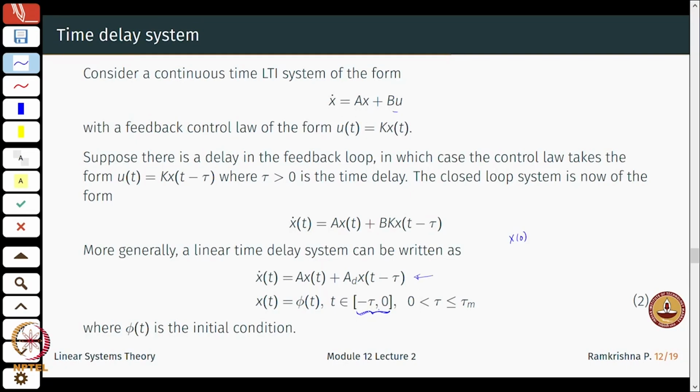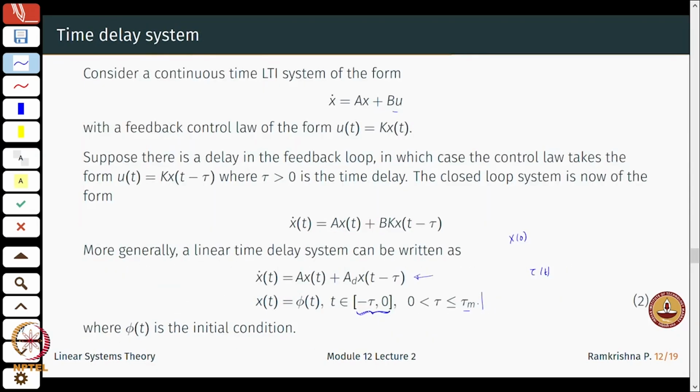I will not go into the details of that. I will also assume that the delay is bounded from above. One more assumption is that the delay is constant with time. There are also results where the delay changes with time, and you say how fast or slow it changes, but we will restrict ourselves to constant delays.